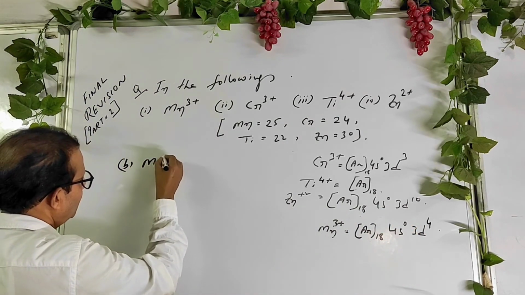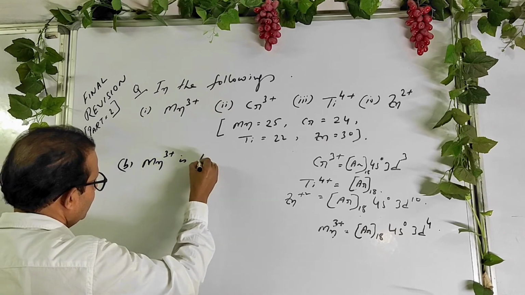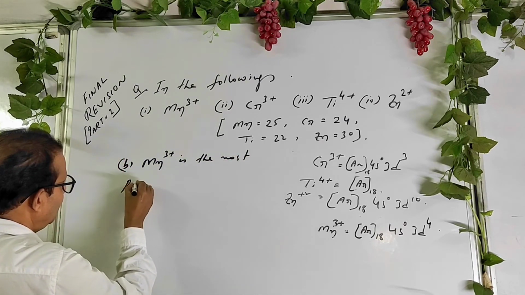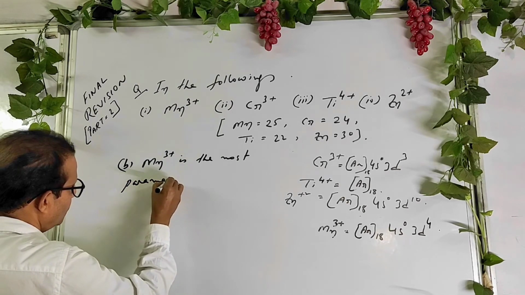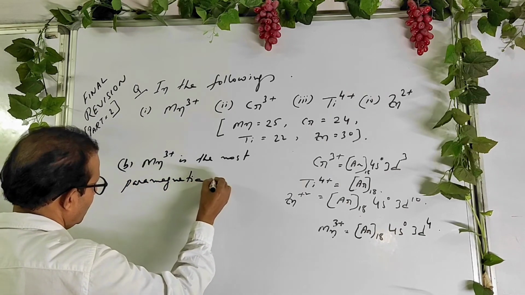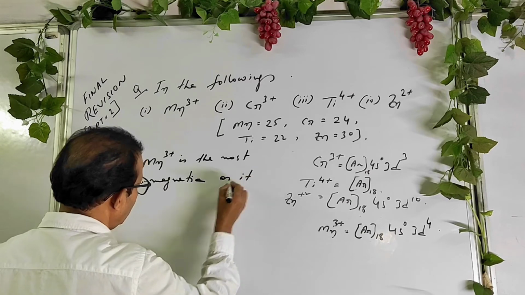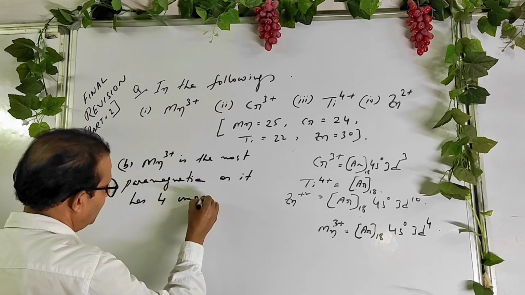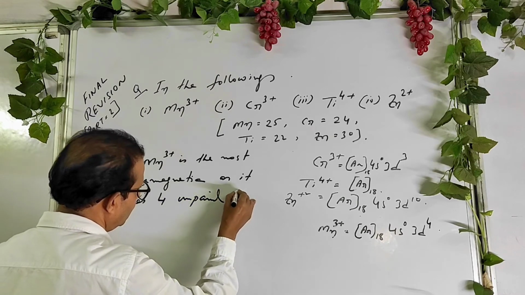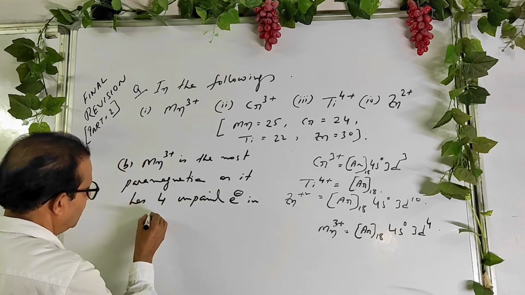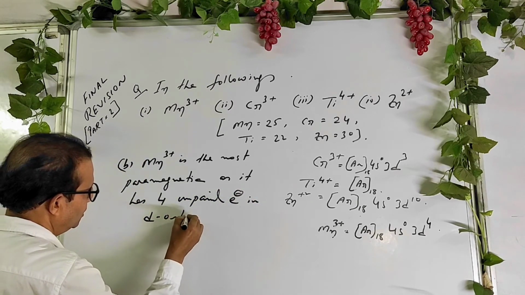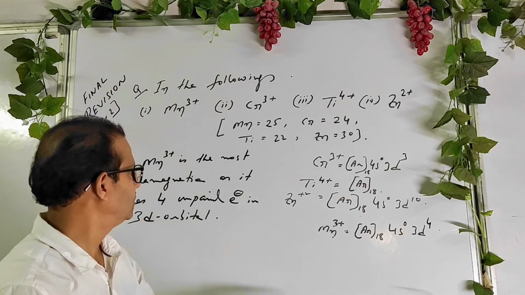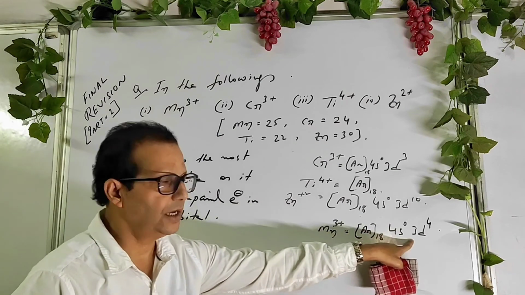So Mn3 positive is the most paramagnetic as it has 4 unpaired electrons in d orbital, that is 3d orbital. I have already drawn it.